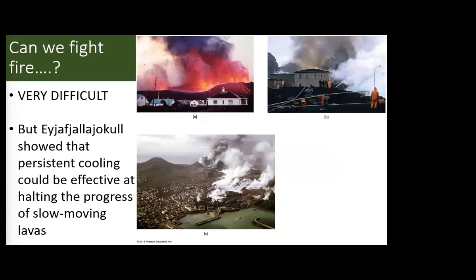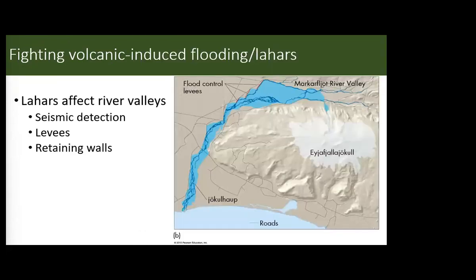But if you have slow moving lava flows, really viscous lava that's not moving very fast, you can hit it with cold water, get that rapid cooling, and you're going to solidify that rock at the front of it very quickly. Then all that lava will build up behind it and slow down, and you can really help halt the progress of it. It's difficult, but in certain cases you can do it. They could probably do this in Hawaii as well.